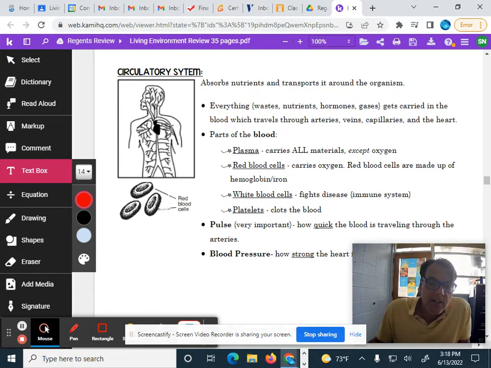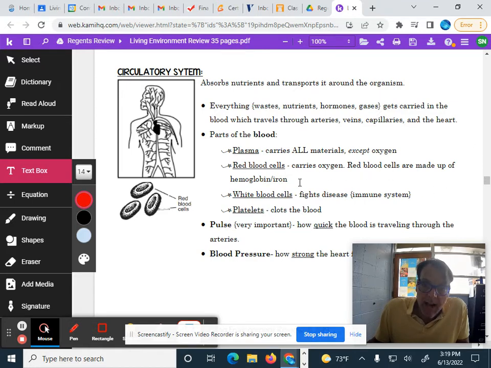The circulatory system transports all the materials the cells need to the cells and gets the waste away from the cells. So oxygen to the cells, glucose to the cells, carbon dioxide away from the cells, metabolic waste away from the cells. Notice we just talked about all the things in respiration in terms of where they're going to and from the cells.